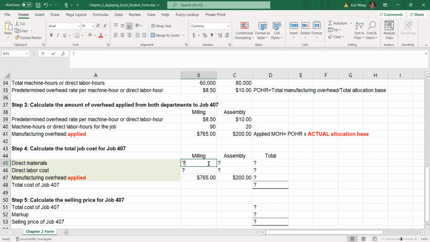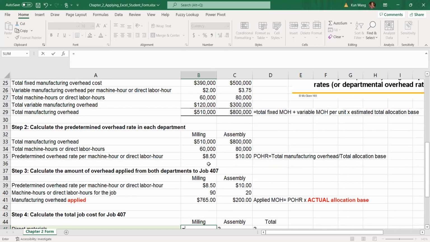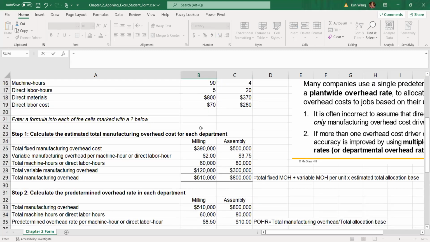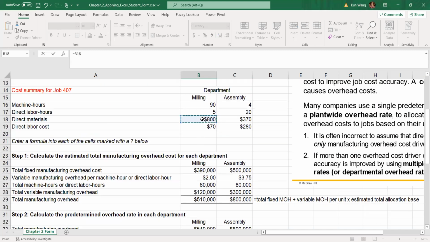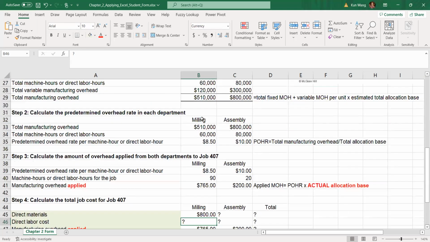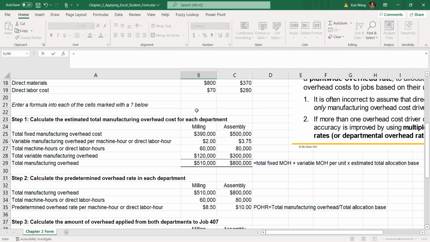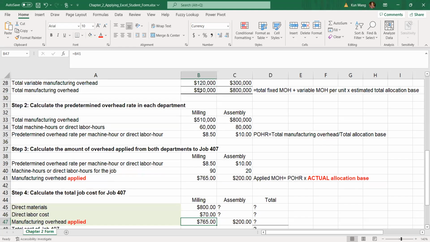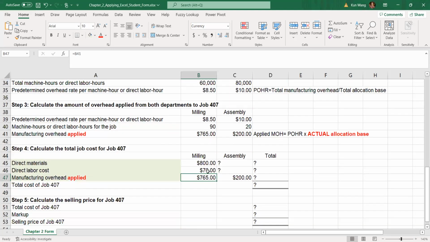Now we just need to call a reference. Refer to the material and then the labor. The material and then the labor for the milling is B19. So B18 for direct material and B19 is for labor.